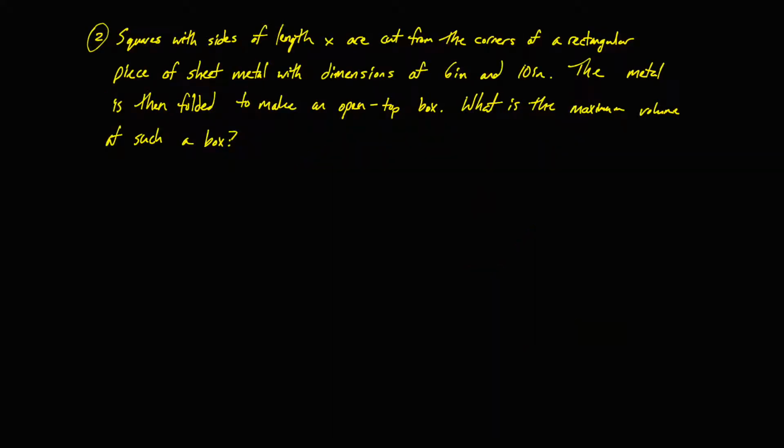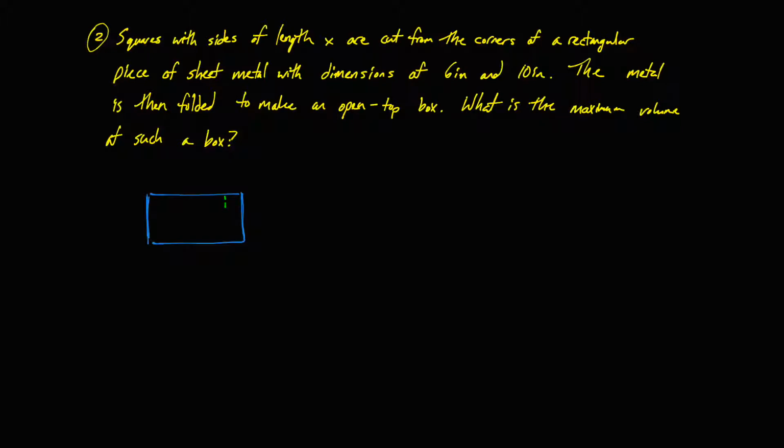So when we're drawing this out, the first thing is I'm just going to start with saying that we have a rectangular sheet of metal here, and that we're going to try to take out squares, sides length x, from the corners. I'm just going to do that in another color.